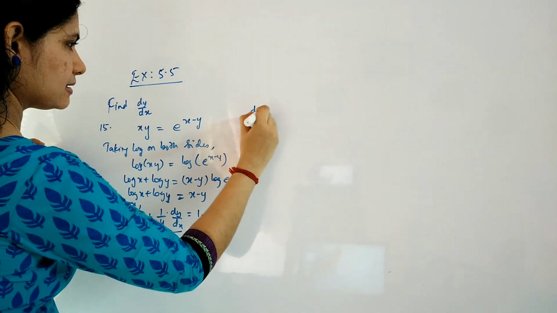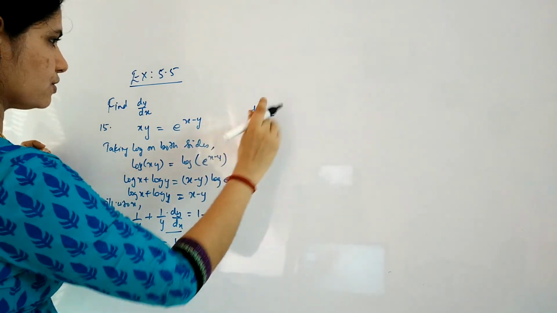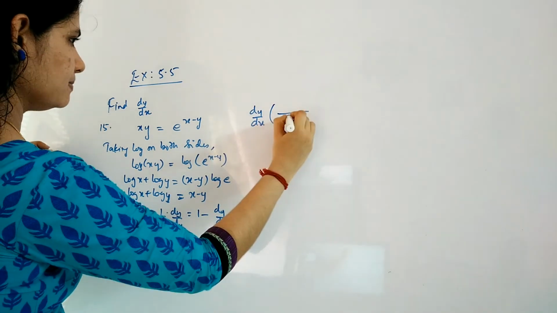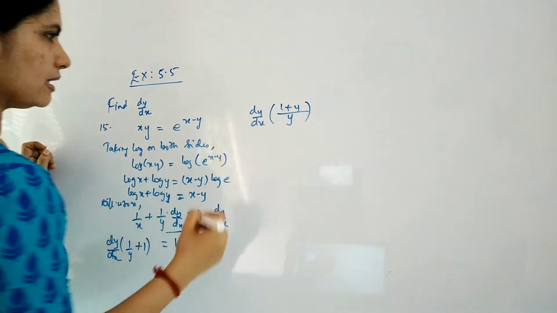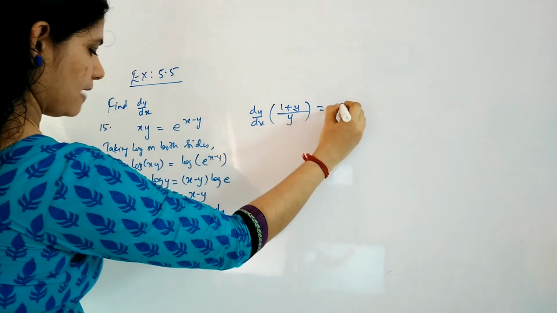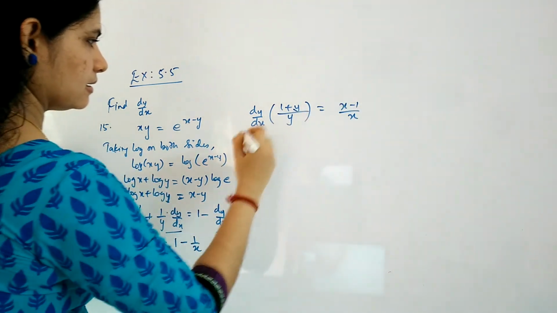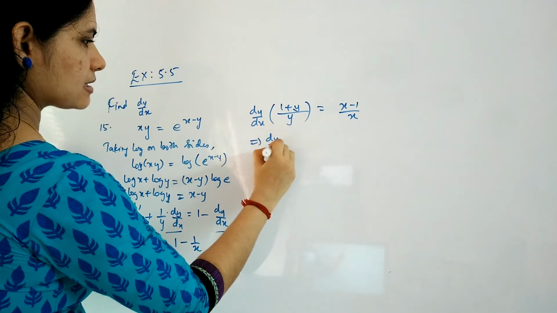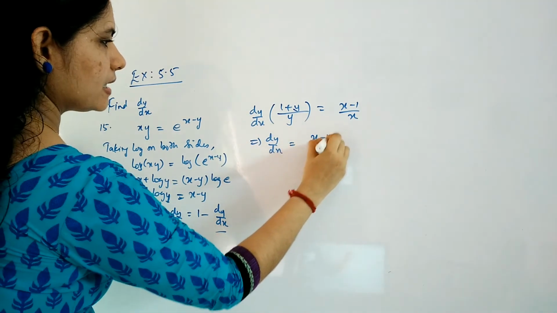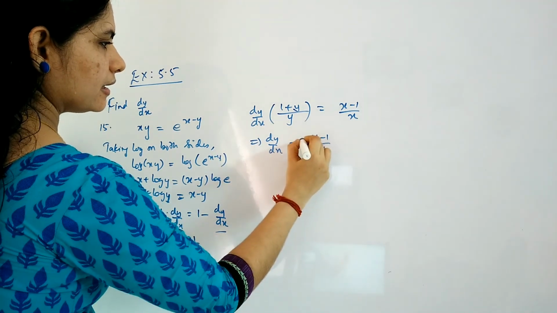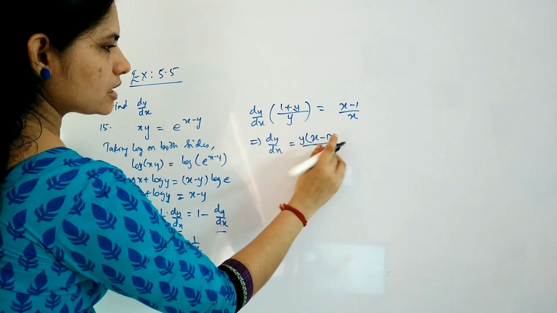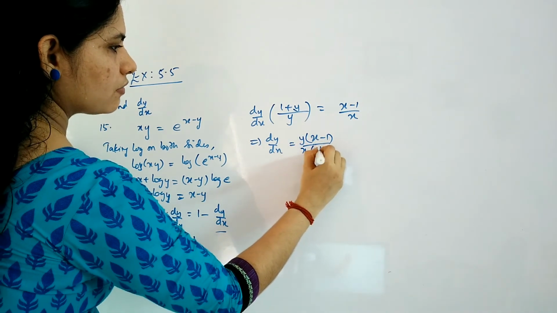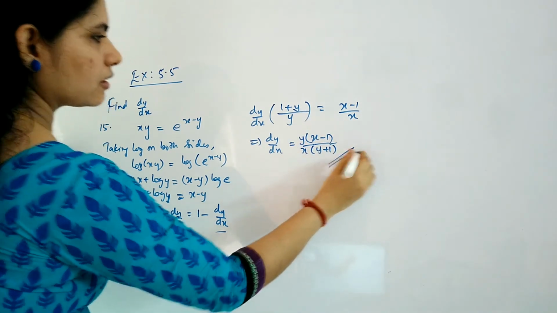Before that, take the LCM: it will give you 1 plus y in the numerator, and on the right x minus 1 by x, so that your dy by dx is x minus 1 by x, in the numerator y will go, and the denominator you will have 1 plus y. Okay.